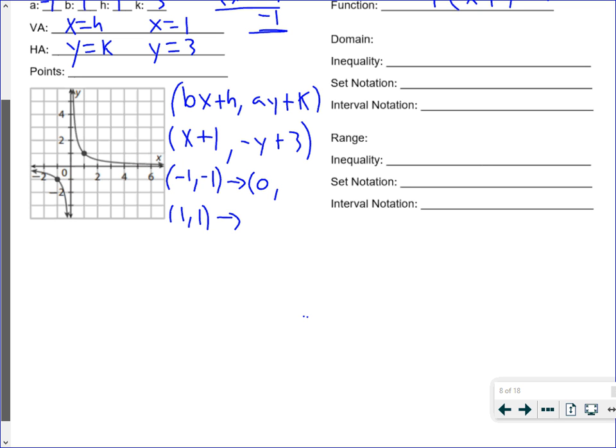And when we plug in -1 into -y plus 3, -1 times -1 gives you a positive 1, and then 1 plus 3 is 4. So one of our 2 points is 0, 4. And then for 1, 1, we plug in 1 for x, we get 2. And then we plug in 1 for y, -1 plus 3 is a positive 2. So our other point is 2, 2.